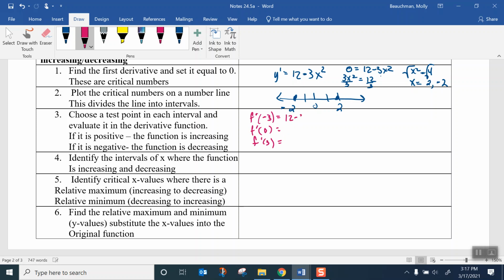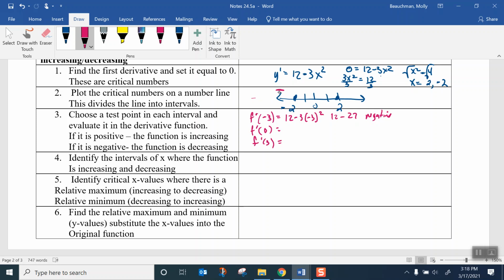So I get 12 minus 3 times -3 squared. So that would give me 12 minus, let's see, -3 squared is +9, 12 minus 27. So my answer is going to be negative. So that means if I picked any x value less than -2, I'd get negative.